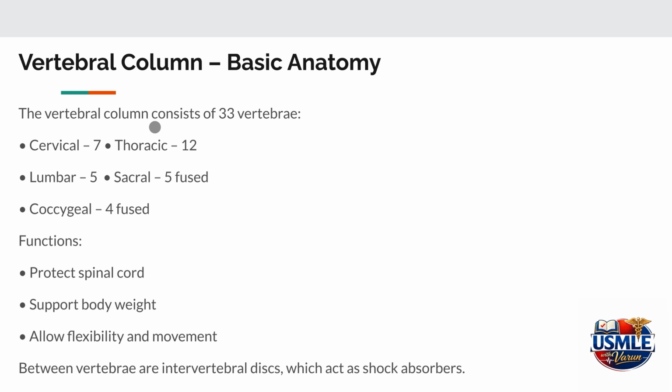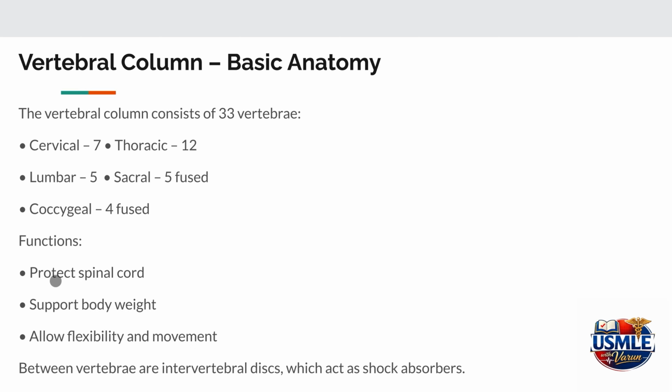To understand spinal disorders, it is important to review the basic anatomy of the vertebral column. So we'll do that first. The vertebral column is composed of 33 vertebrae. These are divided into 7 cervical, 12 thoracic, 5 lumbar vertebrae, and 5 fused sacral vertebrae, and 4 fused coccygeal vertebrae.